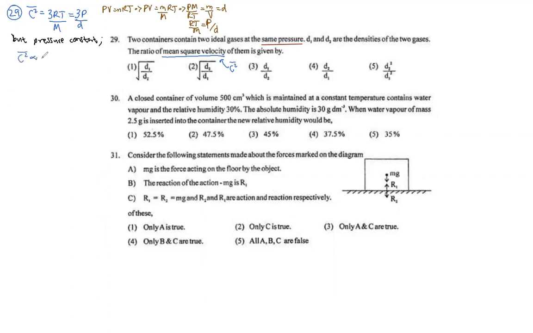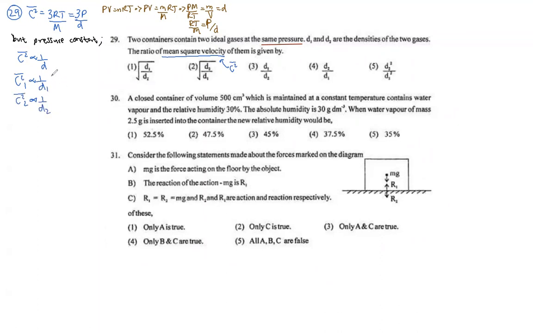C squared bar is proportional to 1 over D. So C squared bar 1 is proportional to 1 over D1, C squared bar 2 is proportional to 1 over D2. Then they are asking for the ratio between the two gases.